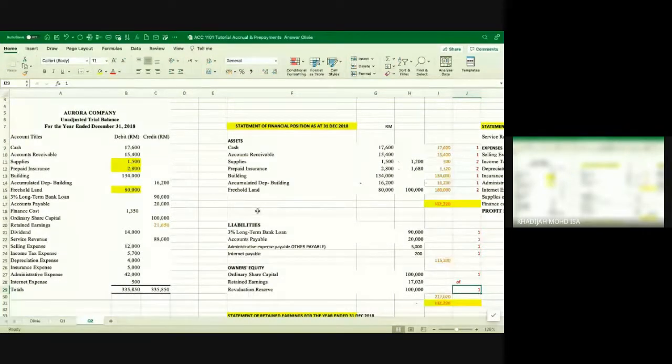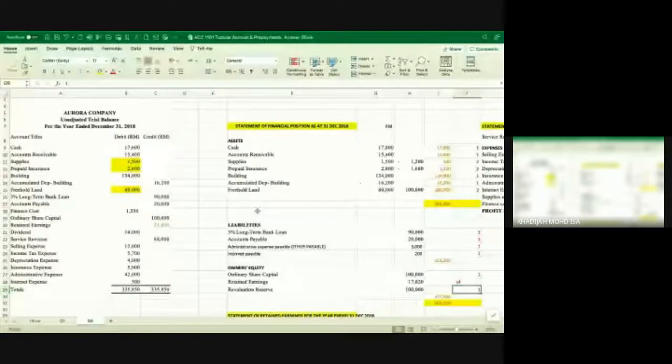But if you spend so much time on the adjustment, and your adjustment is wrong, and you put in the amount wrongly, of course you won't be able to score marks. But if your adjustment is wrong, but at least you already have the original figures from the unadjusted trial balance, at least you are already halfway there. If not halfway, I would say 70% is already there.